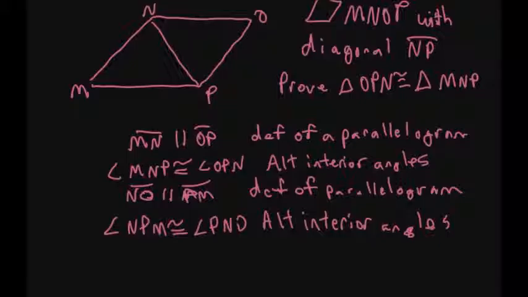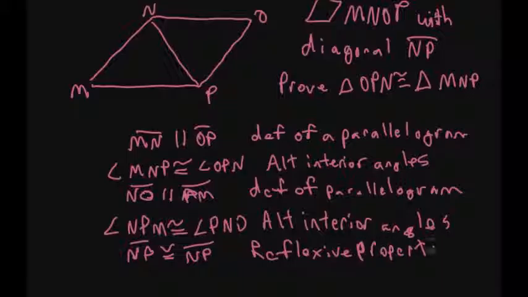And then next I know that NP is congruent to NP based on the reflexive property. It's the same line, so it has to be congruent. Alright, so now I have sides that are parallel, I know two angles are the same, and I know a line is the same.